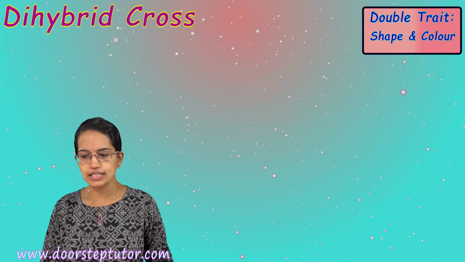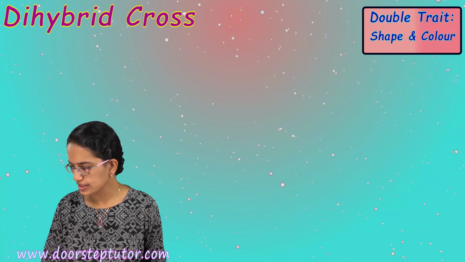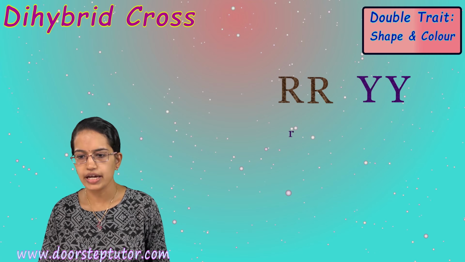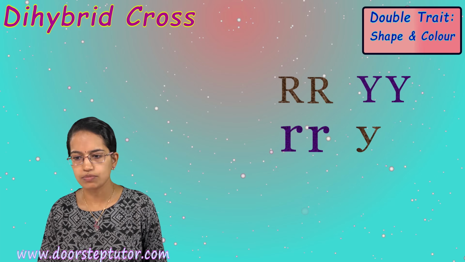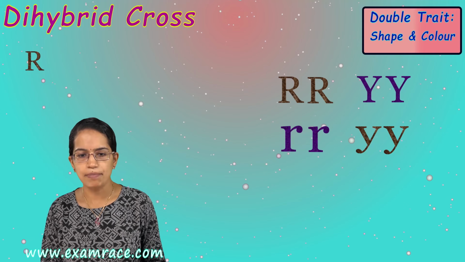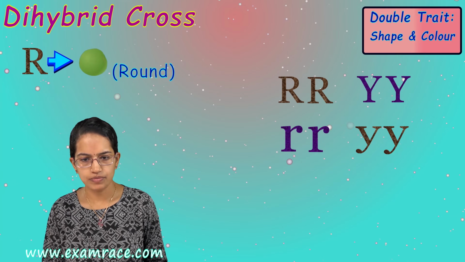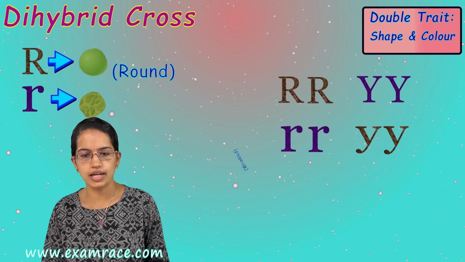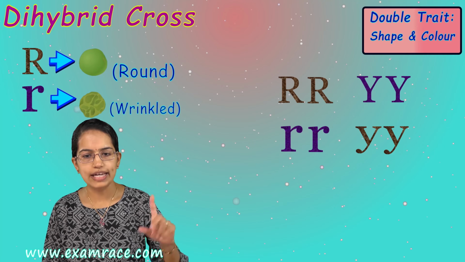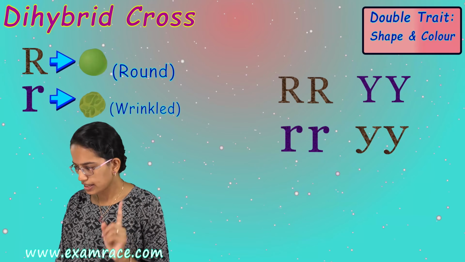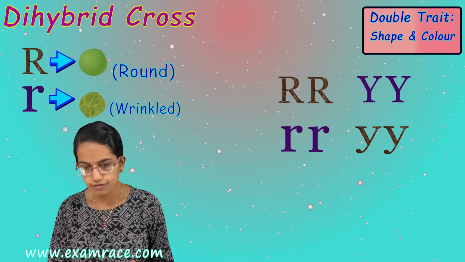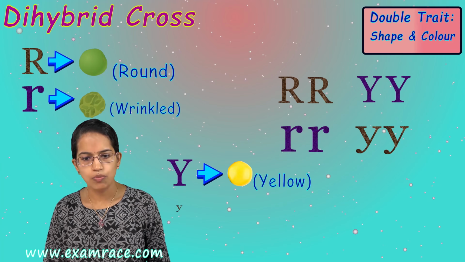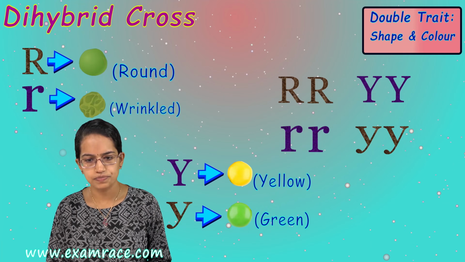So in the parent generation, he took two characters, that was RRYY and small rryy. Now the capital R denotes round, small r denotes wrinkled. So one characteristic was round and wrinkled. The other characteristic was capital Y denotes yellow, small y denotes green.